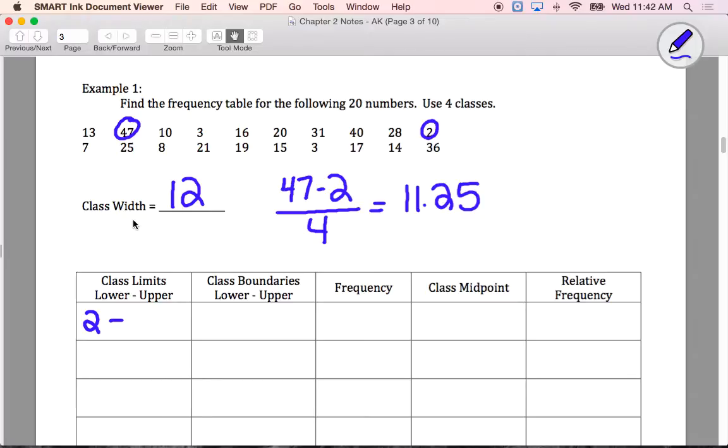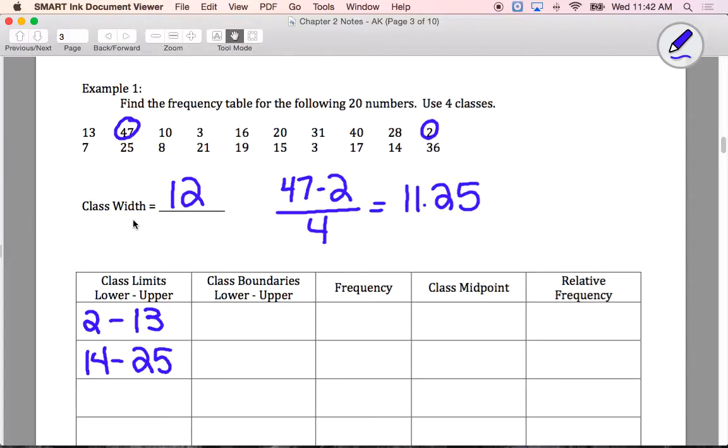So we want 2, and then we're going to add 11 to it. Yes, your class width is 12, but we add 11 because the number 2 is already one of the numbers. We need to go up 11 more numbers. So 2 plus 11 gives me 13. You then move to the next highest number, 14. And I want to add 11 to 14, so I get 25.